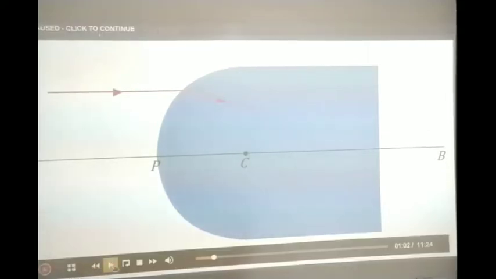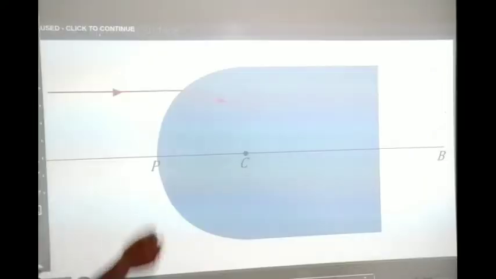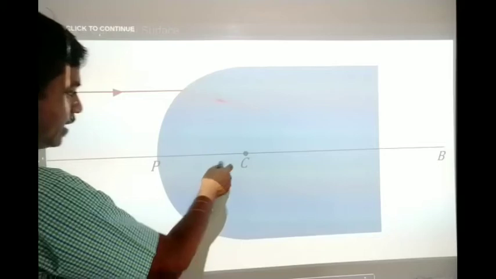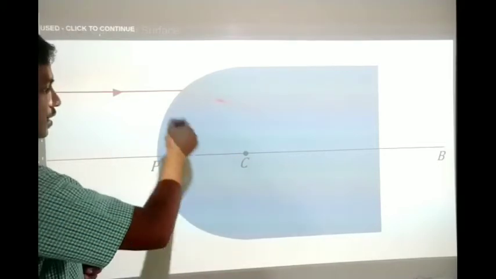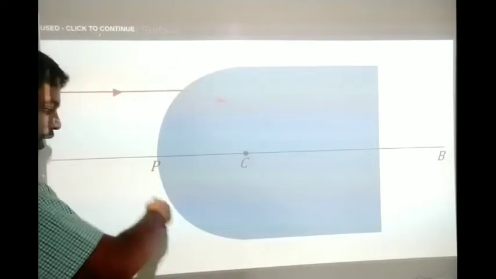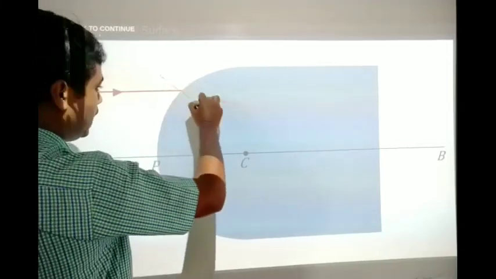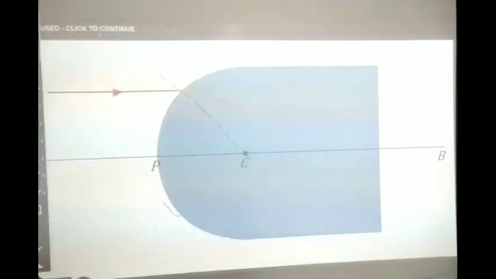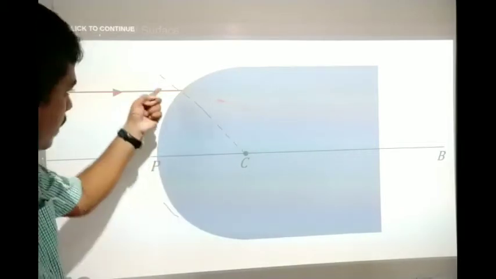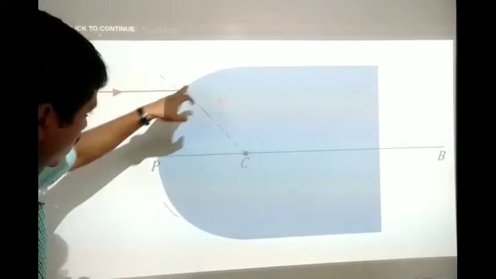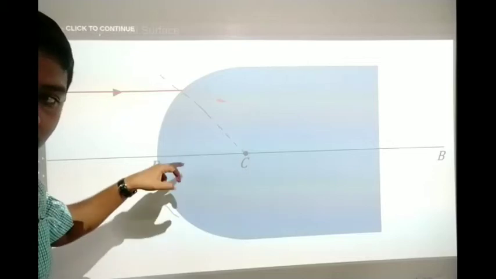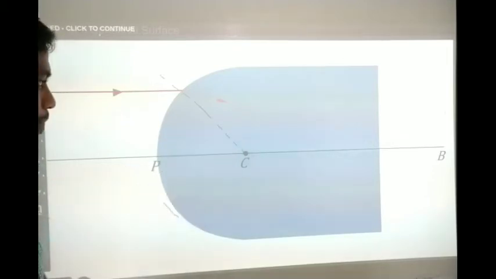Let me show you. This is the center of curvature. So the normal on this surface will be the line passing through your center. Clear? This is your normal on this surface, and that normal will be passing through your center of curvature.